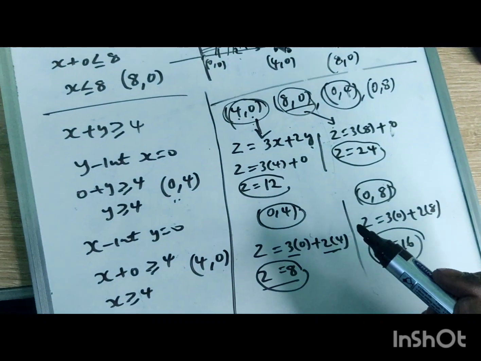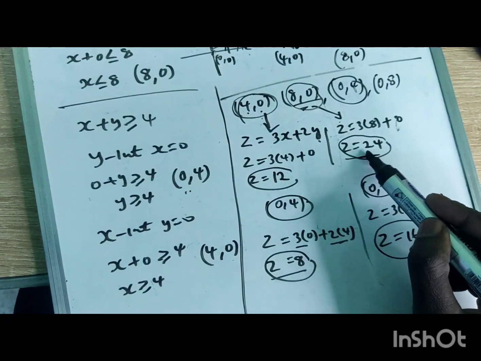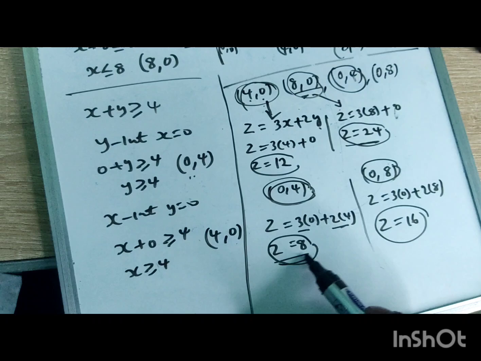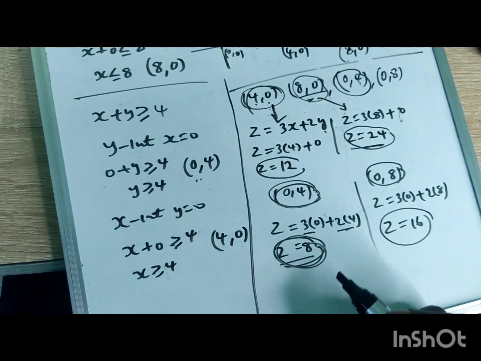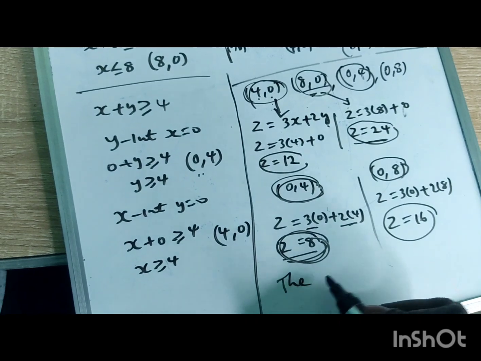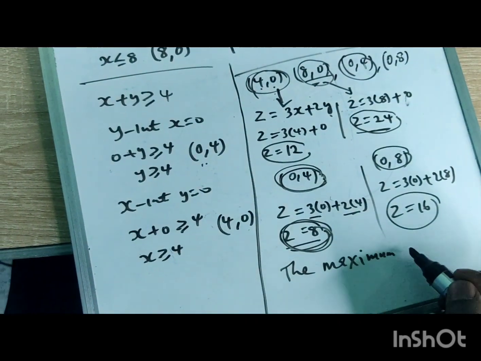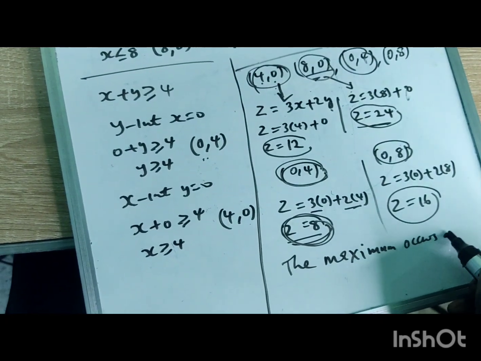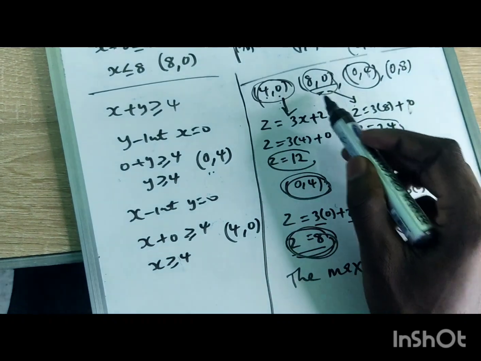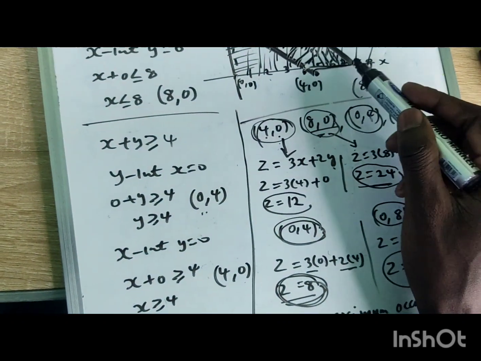Okay, in this case it just means that this point gives us the maximum value for the objective function, and this point gives us the minimum value for this objective function. Therefore we can say that the maximum occurs at 8, 0.